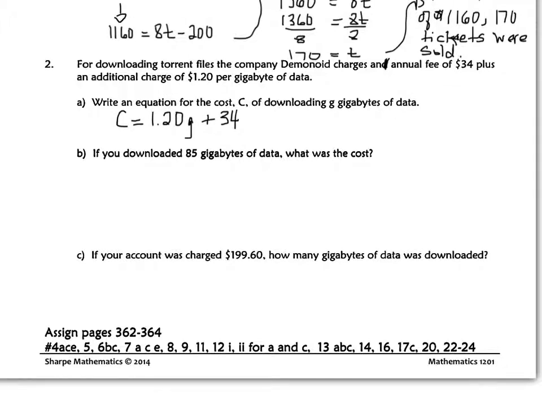And question B is, if you downloaded 85 gigabytes of data, what was the cost? So you use your equation again. And this time you know that G is 85. So you fill in 85 for G, and $1.20 times 85 is going to give you 102.